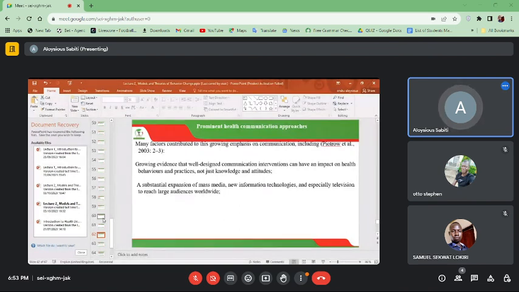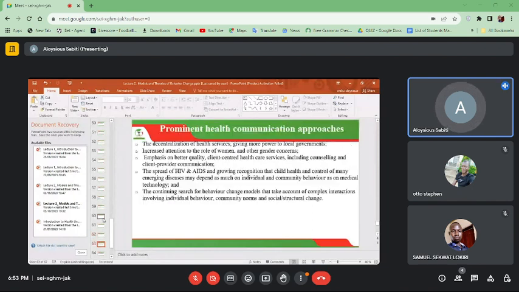That is why you'll see in radio stations that there are now channels or sessions where there is a health talk, and therefore people are being communicated to on some of the health issues, which in the long run, or in the shortest run possible, can change their attitudes but also their practice to be positive.